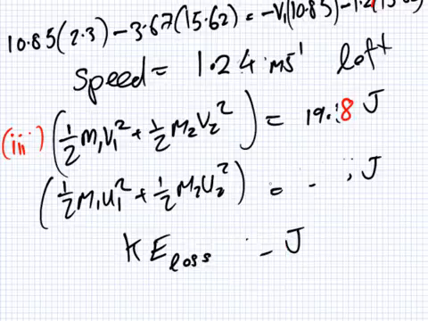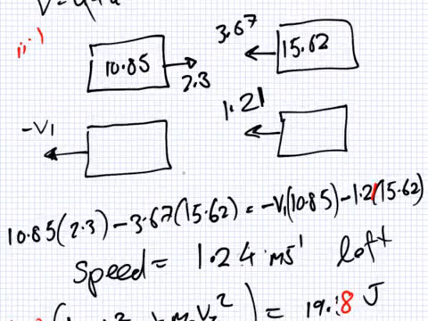And then this one here will be a bit different as well. What were the speeds at the beginning? 2.3 for U1 and 3.67. Calculator blunder. Are you sure? 2.3 and 3.67.